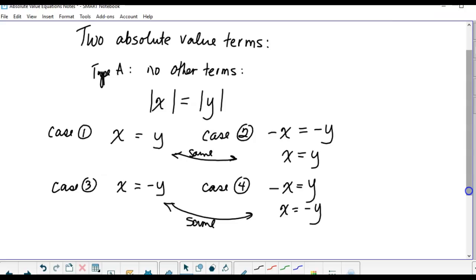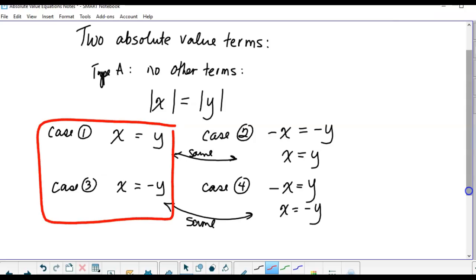Okay, so really, you're only going to have two cases. One case, which is just the equation without the absolute value signs, and one case where one stays the same and one changes. Doesn't matter which one. You decide.